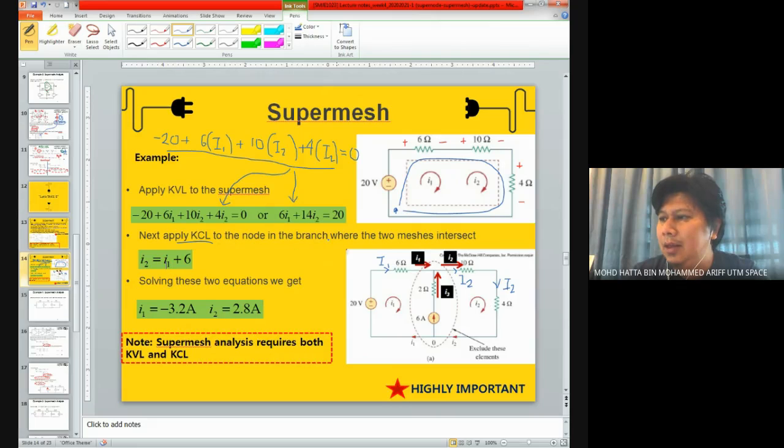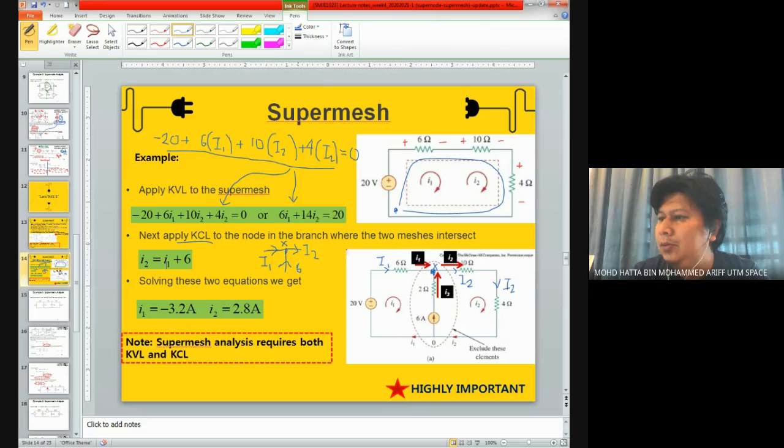KCL at the supernode, which means that this is the supernode. So you need to consider this node and look at its current coming in and current coming out from that node. So here, for example, if I have this one labeled as X and this one is I1 and this is I2, and I have current coming in, which is 6 ampere.